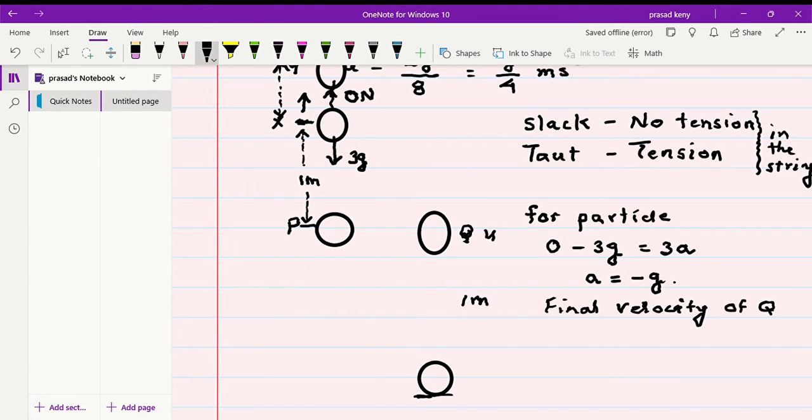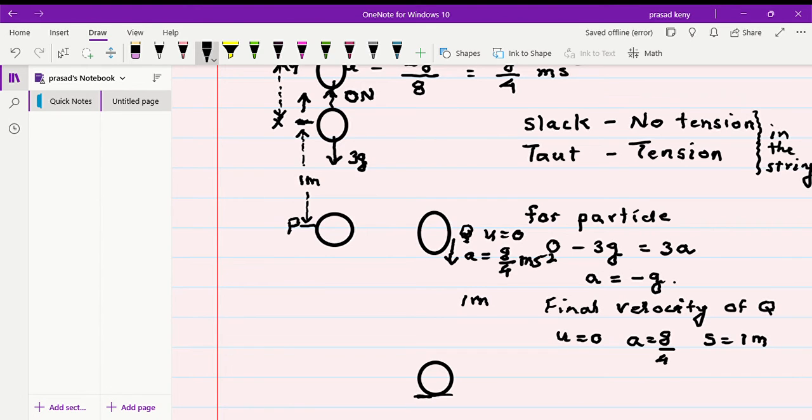That means the initial velocity is 0. u is equal to 0. a is g upon 4 for the journey from point of release to the ground. The acceleration is g upon 4 meter per second square. The displacement of particle Q is 1 meter.